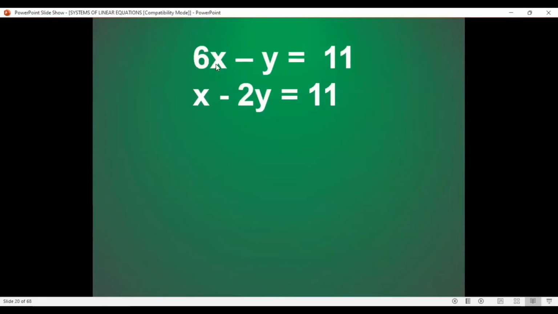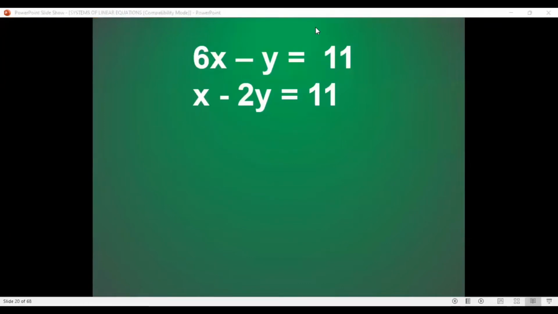Looking into this, if you want to eliminate your x, we need to multiply the second equation by 6. While if you are going to eliminate the y, you simply have to multiply the first equation by 2, which is more convenient because we are working with a smaller number.